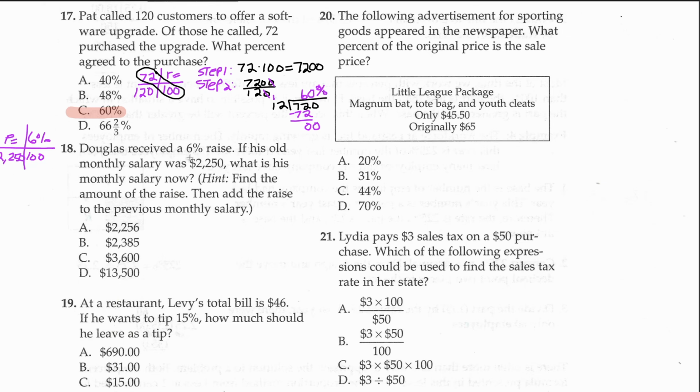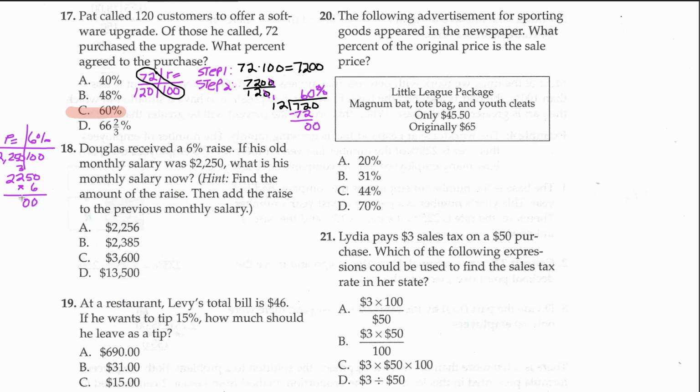Okay, the 6% raise. So let's multiply the 6 times 2,250. 6 times 0 is 0. 6 times 5 is 30. Put 0, carry the 3 in your head or on top here. 6 times 2 is 12.